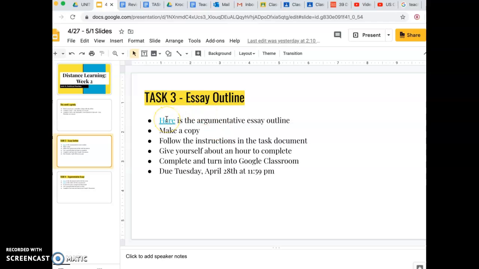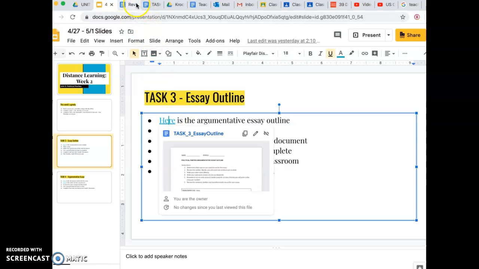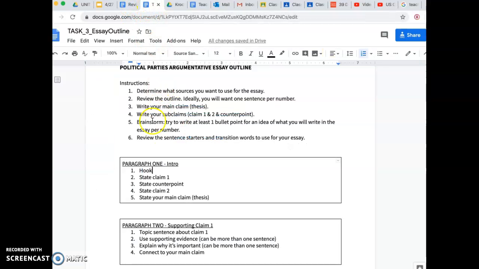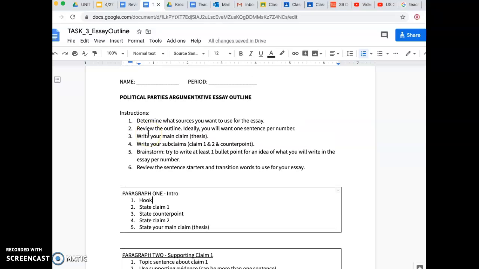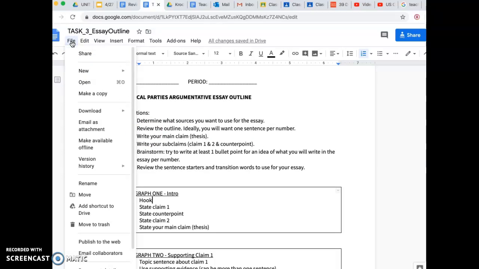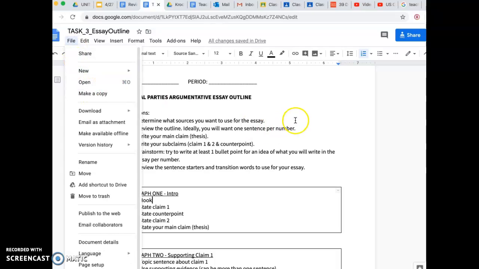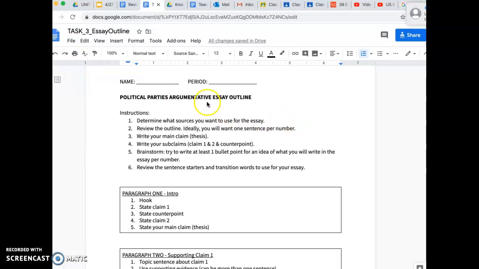So we're going to open up the argumentative essay outline by clicking here. I already have it open up here, which I'm going to go to. You can access this again on Google Classroom, or you can use the slides, follow the link, and make your own copy. Let's go ahead and read the instructions.